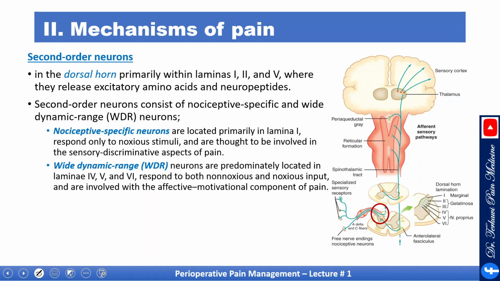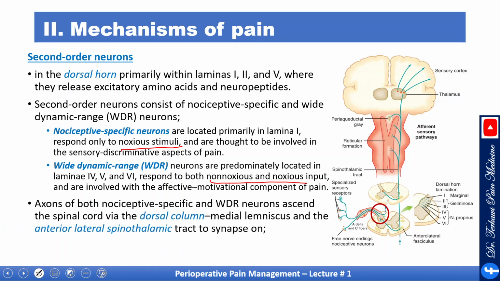Nociceptive specific neurons are located primarily in lamina 1, respond only to noxious stimuli, and are thought to be involved in the sensory discriminative aspect of pain, while wide dynamic range neurons are predominantly located in laminas 4, 5, and 6, respond to both non-noxious and noxious input, and are involved with the affective motivational component of pain.